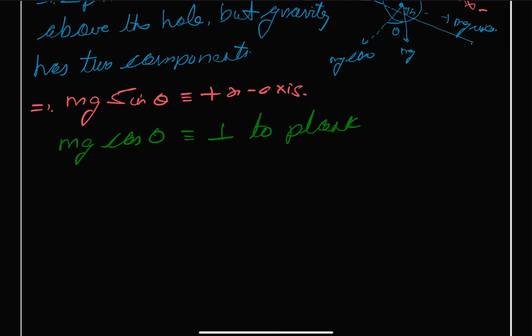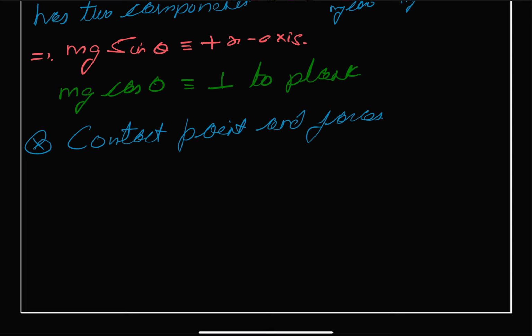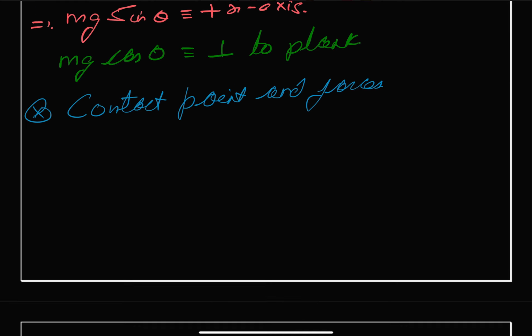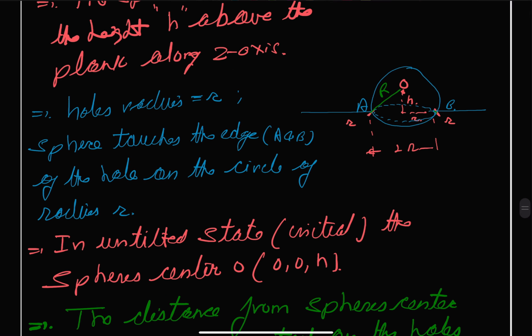Now let's find out the contact point and forces. So like I said, the contact points we have called A and B. In the untilted condition, the coordinate of A will be minus r, 0, 0, and B will be r, 0, 0.